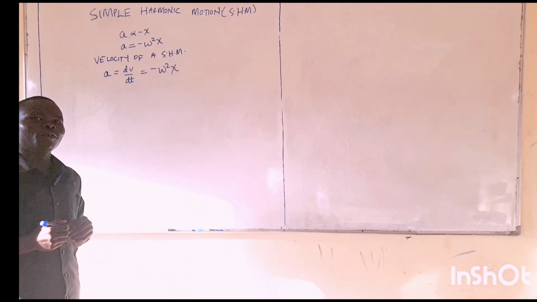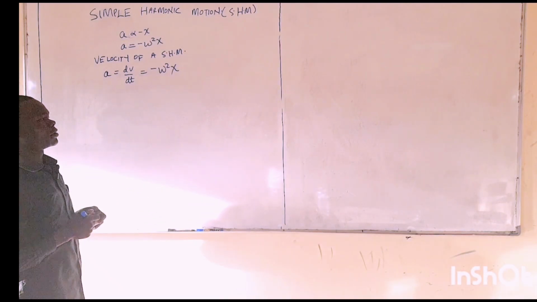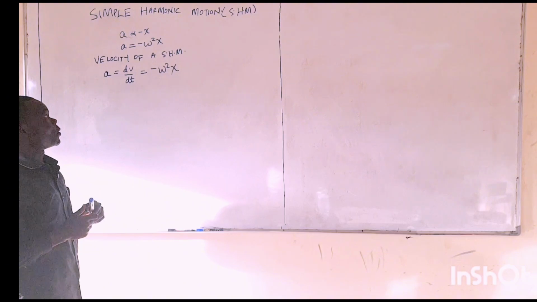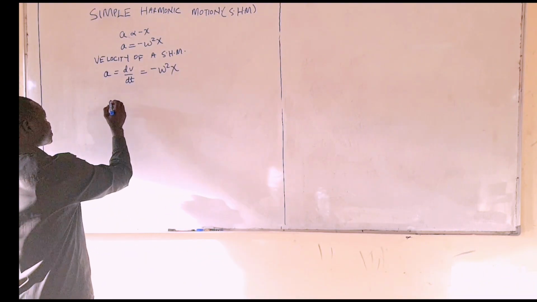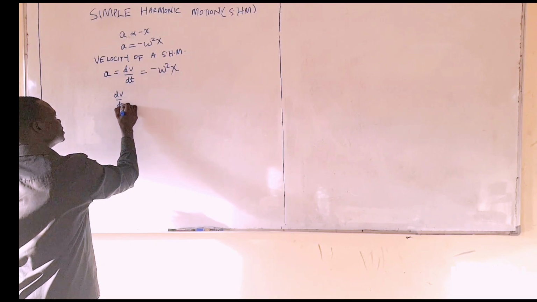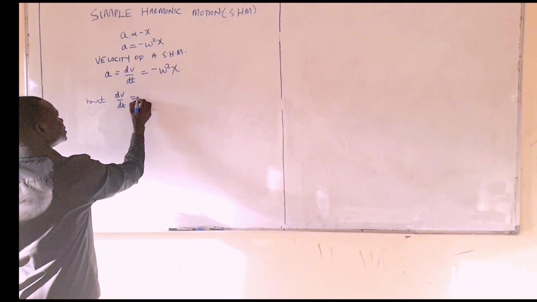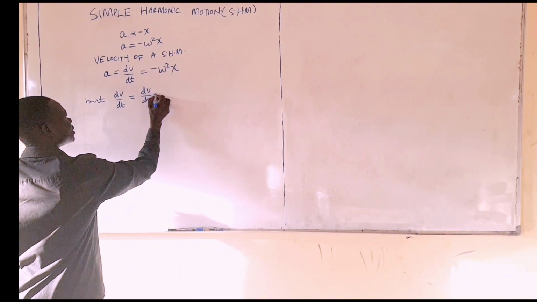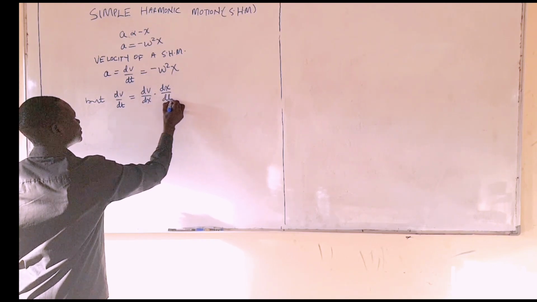Through the chain rule of differentiation, we can break out this dv over dt to bring some element of distance, actually displacement. So dv over dt is the same as dv over dx times dx over dt.